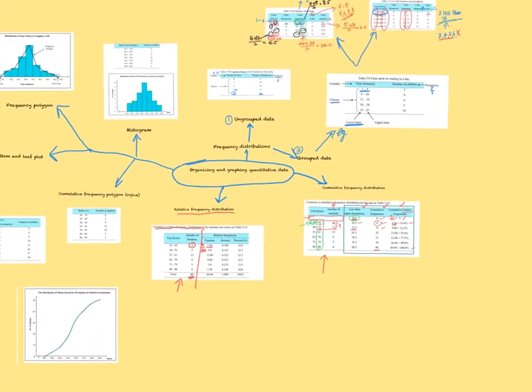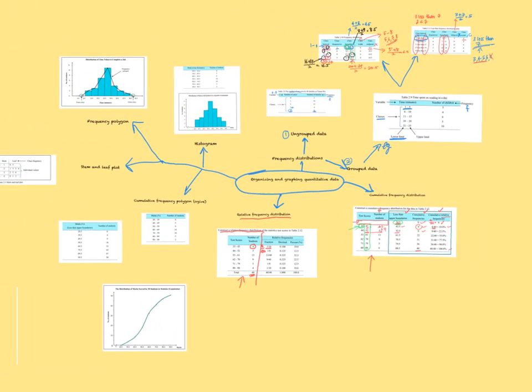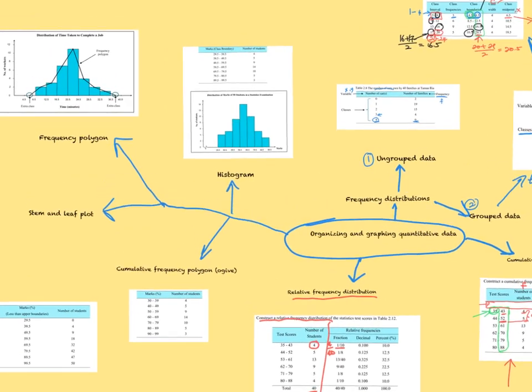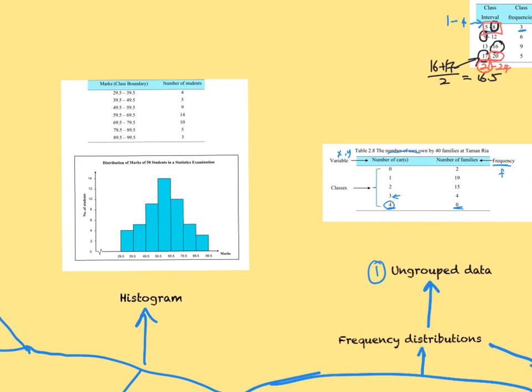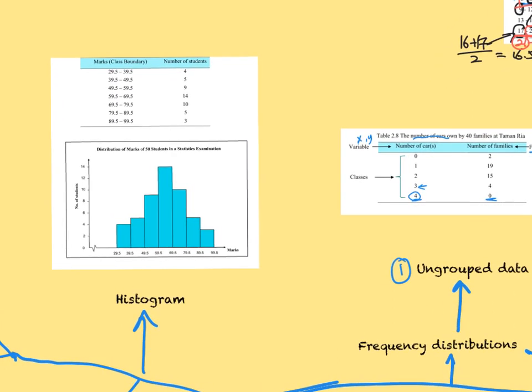The next part of this chapter is to draw the graphs. The first one we have here is the histogram. This is quite simple. If you already calculated all the values that we need from the frequency distribution, you only need to apply them.